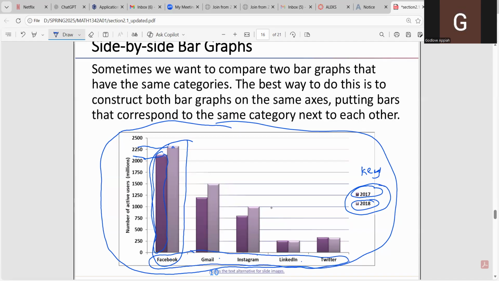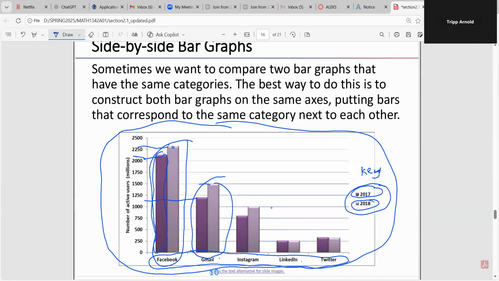For Gmail, in 2017, Gmail had close to 1,000 users, and in 2018, it increased to about 1,500 users. So you can easily see what is going on by looking at this side-by-side bar graph. All right, are there any questions on this?